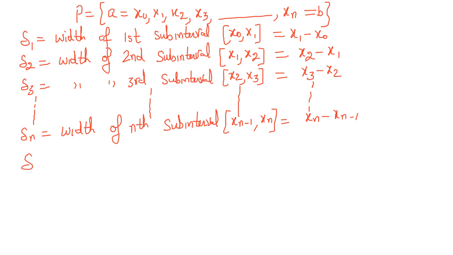Now you can see delta 1 plus delta 2 plus delta 3 up to delta n. If you add all these terms, the only value left is xn minus x naught. What is xn? Xn is b minus a.